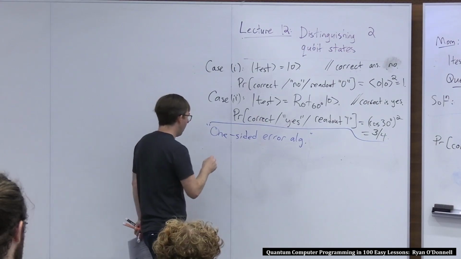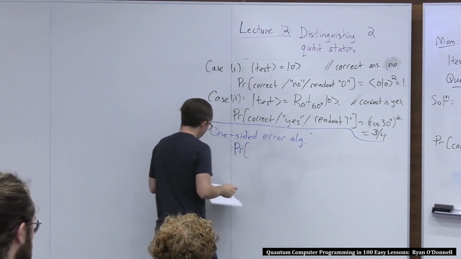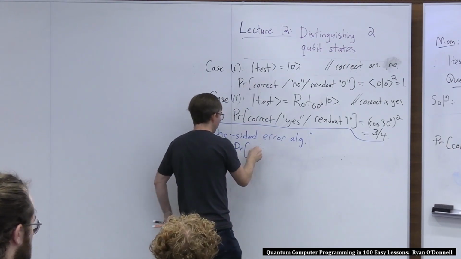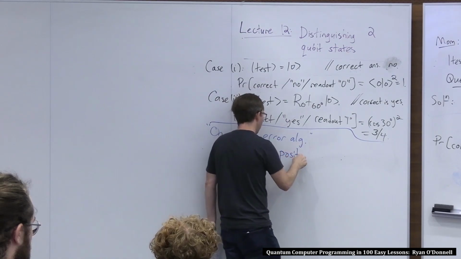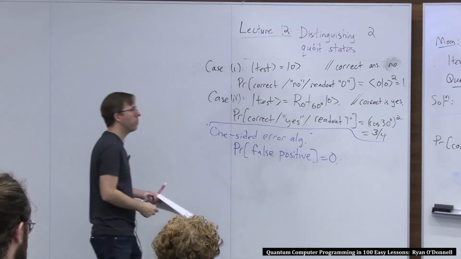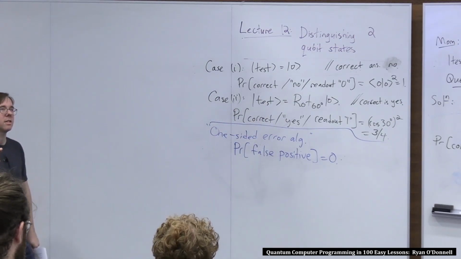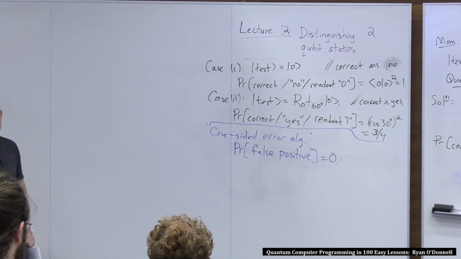One way to say this one, and I always mix this up, so I'm literally going to copy off my paper. The probability of a false positive is 0. What's a false positive? False positive is when the true answer is no, but you accidentally say yes.